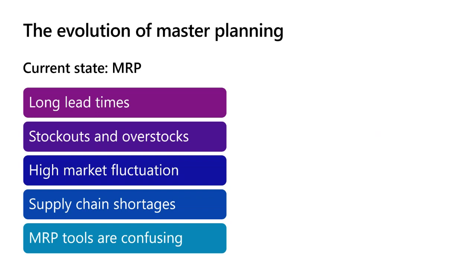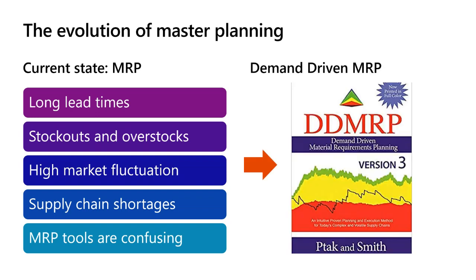In this context is where DDMRP appears. DDMRP, shortening for demand-driven material requirements planning, is a formal planning and execution method to protect and promote flow through the establishment of strategically placed decoupling point buffers.